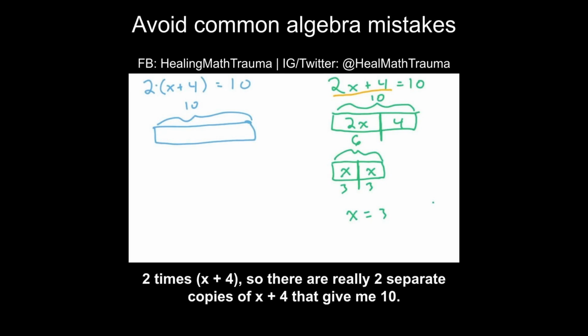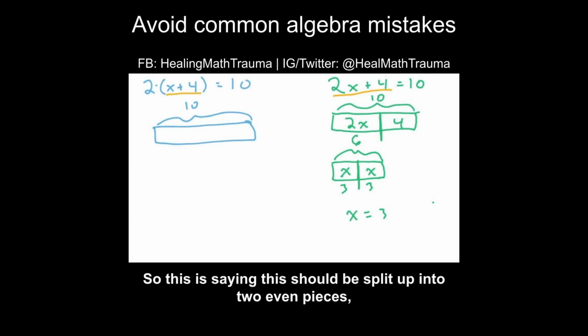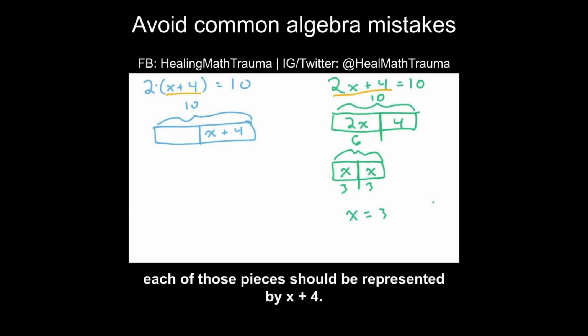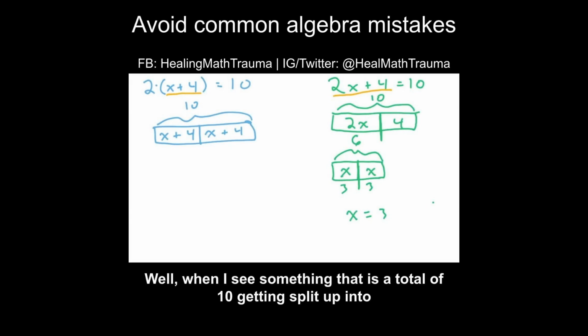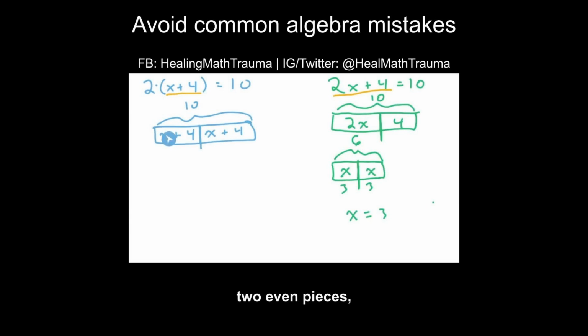So there are really two separate copies of x plus 4 that give me 10. So this should be split up into two even pieces, and each of those pieces should be represented by x plus 4. Well, when I see something that is a total of 10 getting split up into two even pieces, I know that each of those pieces has to be 5.